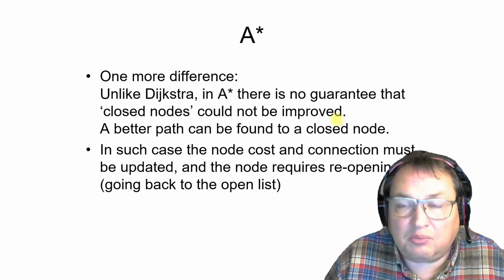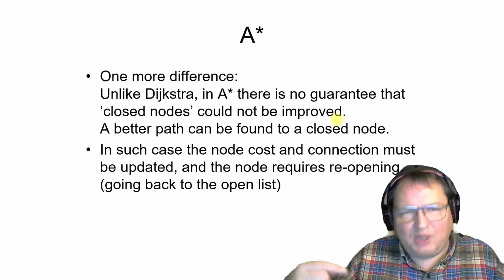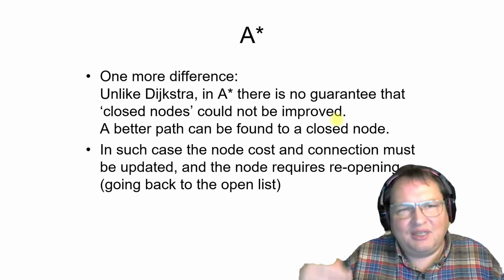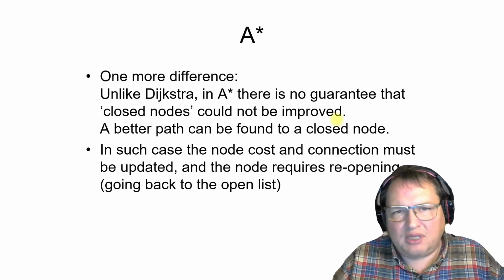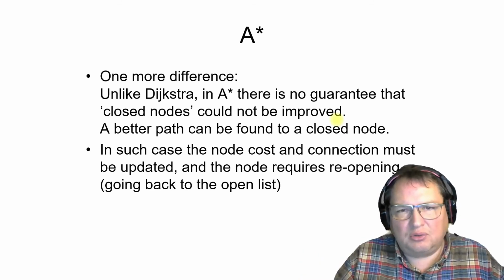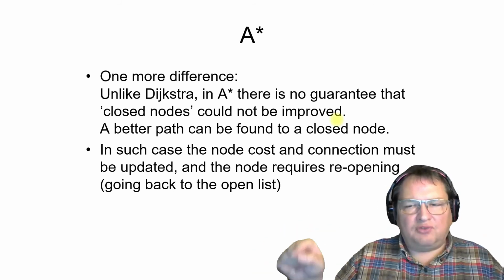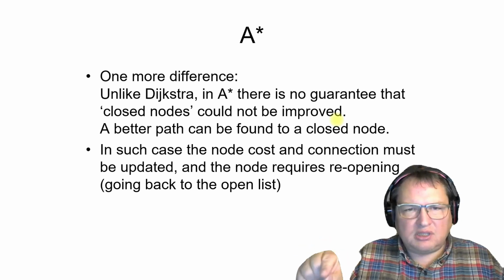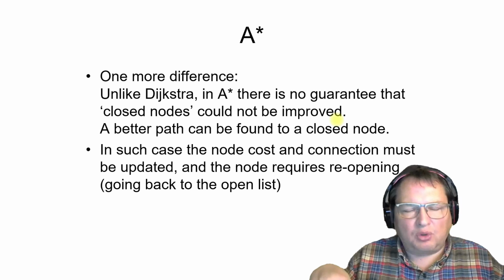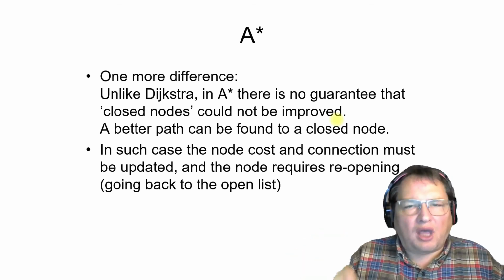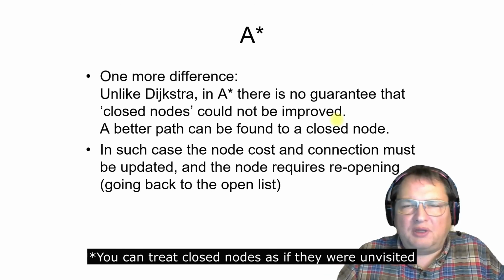This is simply because I created a pseudocode that is, well, A-star ready in a way. So when you change Dijkstra to A-star, you don't have to do this simple detail, but still, if you have discovered a better route to a closed node, you have to reopen it, so bring it back to the open list.